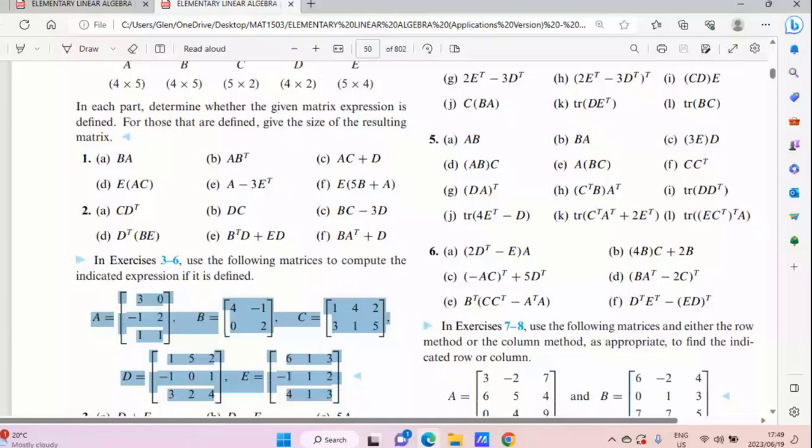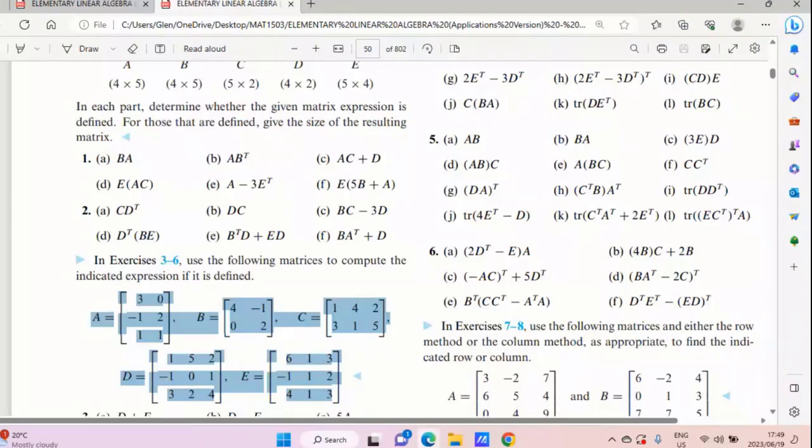Now, our final matrix is, this becomes 30, this becomes 1, this becomes 10 plus 8 is 18, 18 plus 3 is 21. Then this becomes 1, 2, 1, 21, 1, 29.